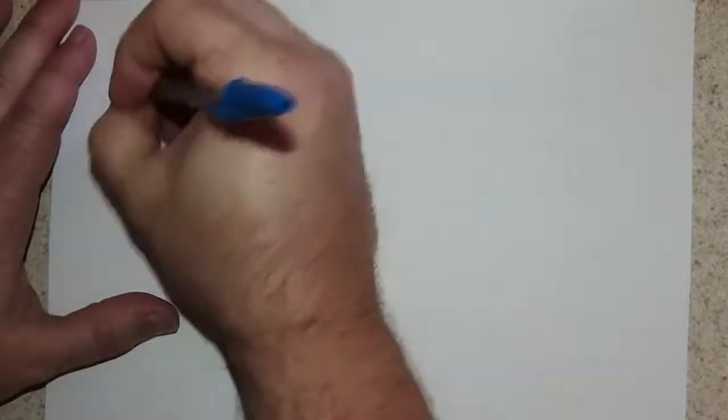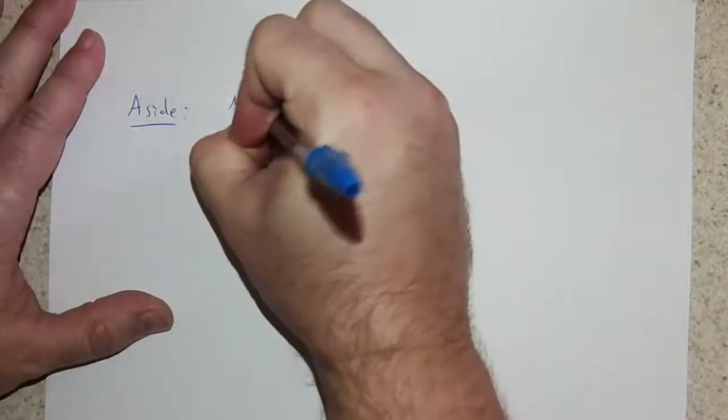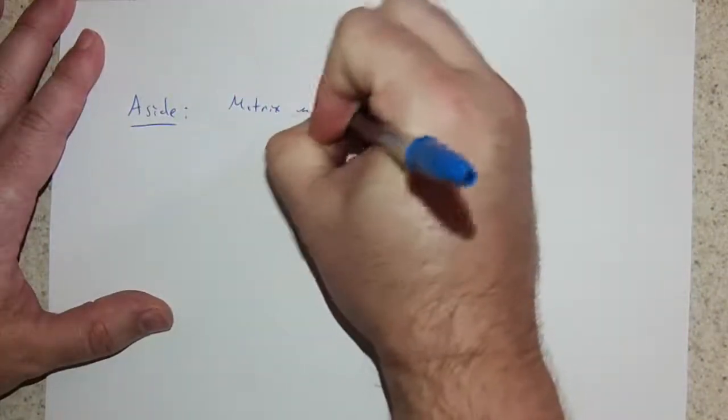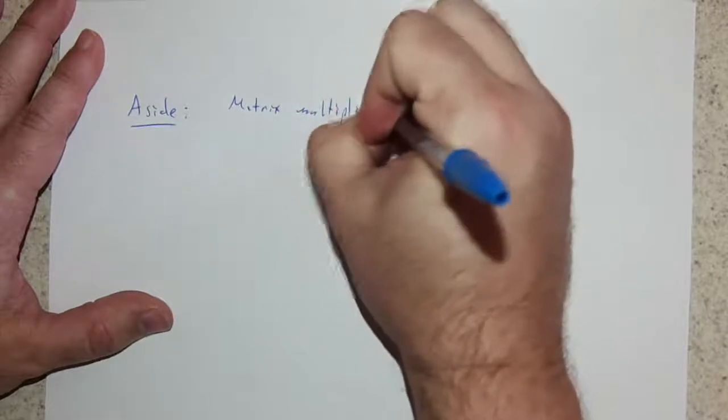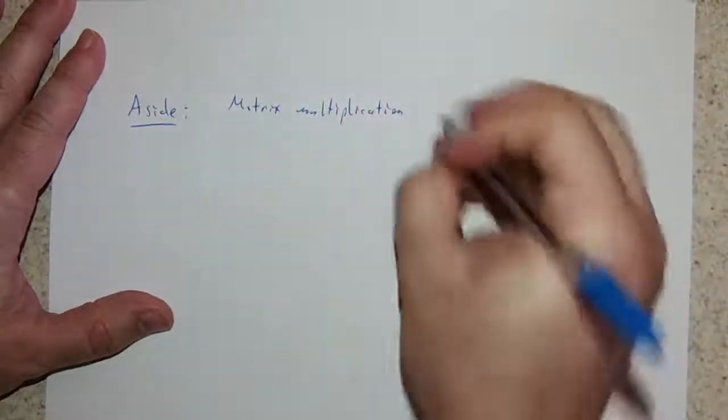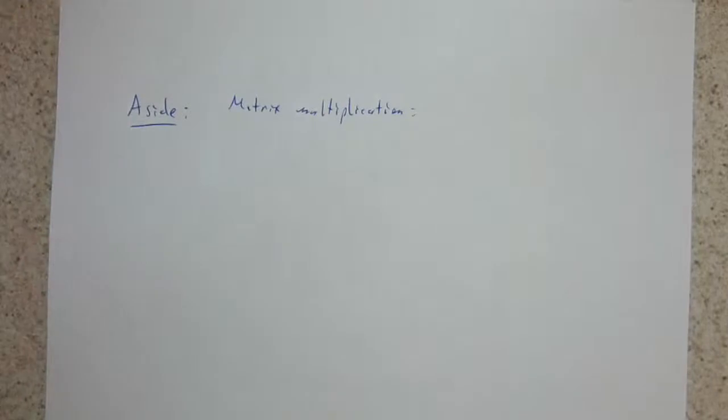If it's unclear to you or not fresh in your memory how matrix multiplication goes, let's do a quick aside here. How does matrix multiplication go? Let me do this in the least painful way to describe. So if we're going to do that, we're going to discuss a few things first.